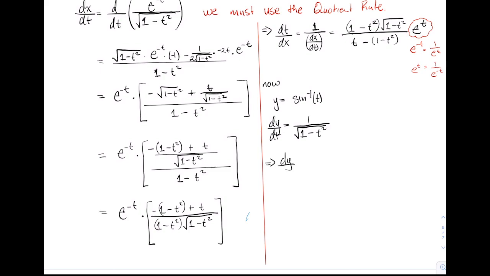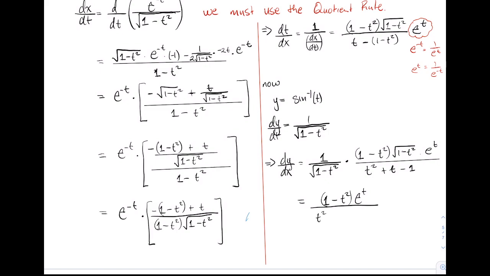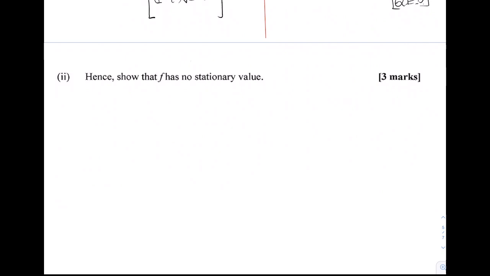This then gives us dy/dx is equal to 1 divided by the square root of 1 minus t squared times 1 minus t squared times the square root of 1 minus t squared times e to the t, all divided by t squared plus t minus 1, which then allows for the square root of 1 minus t squared to cancel from both numerator and denominator, which leaves us with 1 minus t squared times e to the t divided by t squared plus t minus 1. And we have shown that which they asked us to prove.